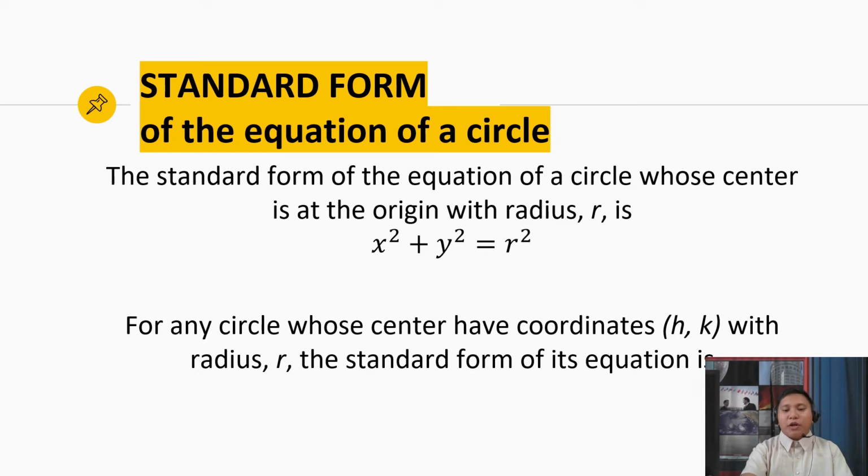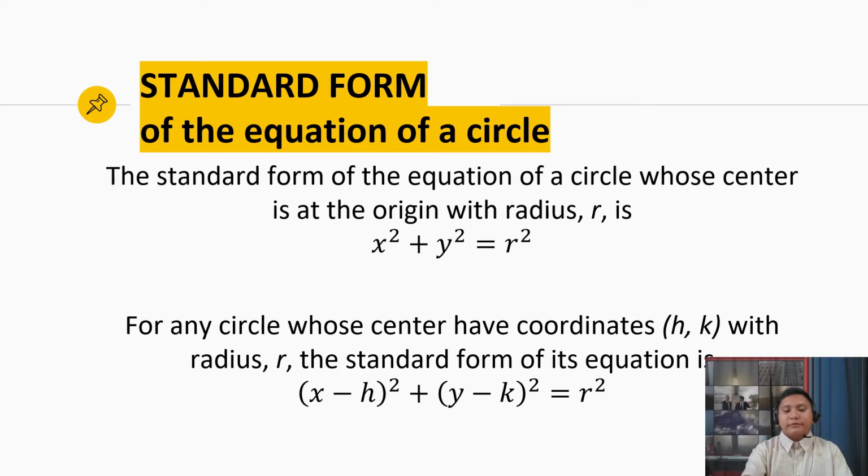The standard form of the equation is (x minus h) squared plus (y minus k) squared is equal to r squared. Again, let us remember, if the circle has center at the origin, we consider x squared plus y squared is equal to r squared.